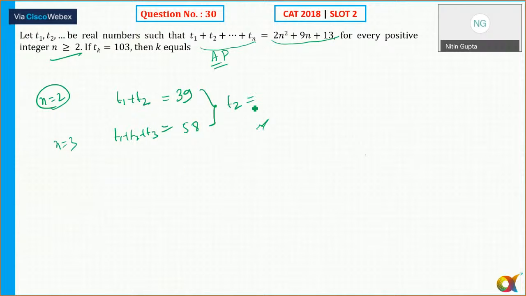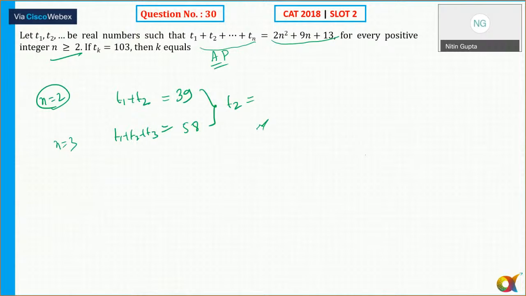Now, if I take the difference of these two, I'll get the third term, T3. And that will come out to be 58 minus 39. What is 58 minus 39? Please tell me, all of you. 58 minus 39 is 19. So the sum of the first two terms, T1 plus T2, is equal to 39.